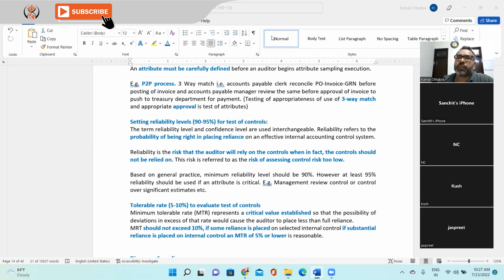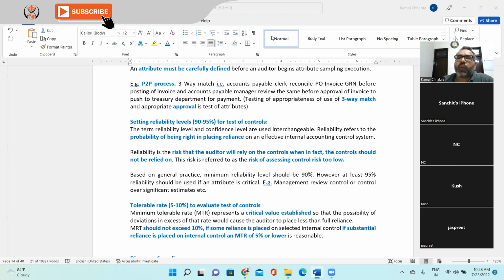That means, for example, from a population of 1,000, you have selected 25 samples, right? And for any reason those 25 all come out perfect, whereas in the rest of the 975 population, let's say 100 items are wrong.